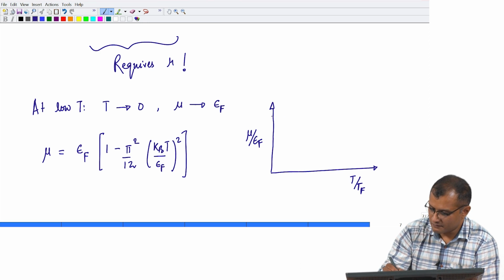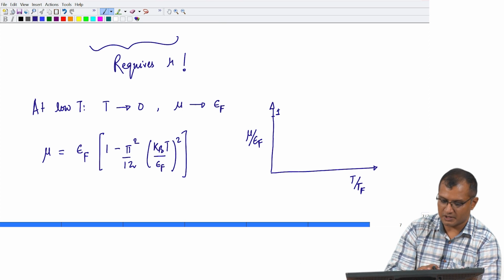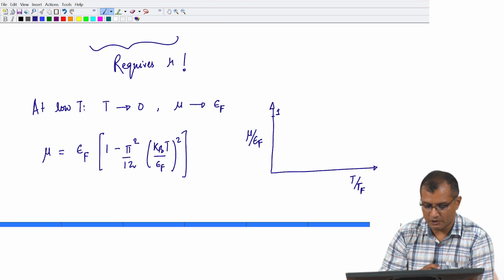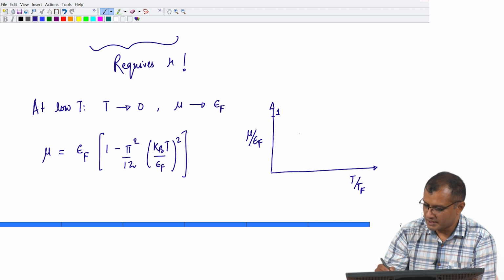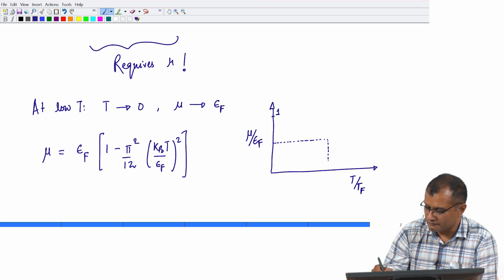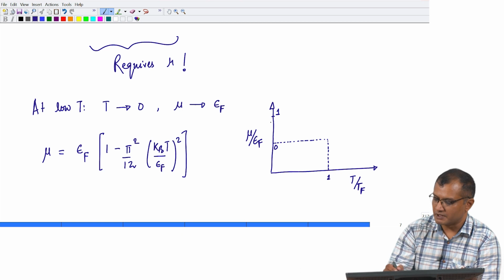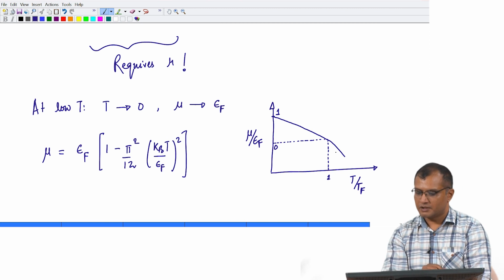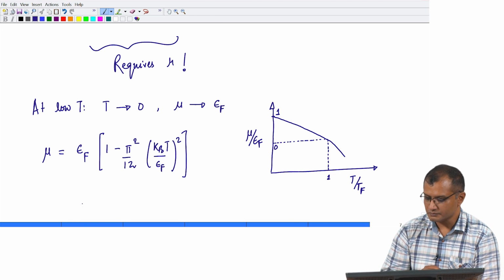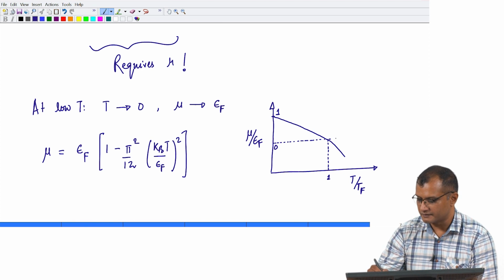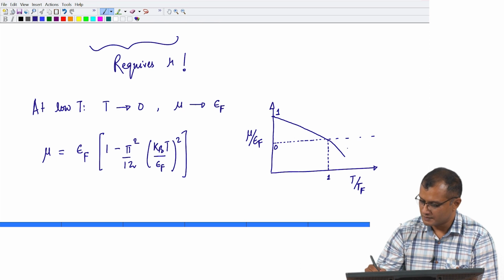Then I can start from 1, because that is what the equation would predict at t equal to 0, okay, and eventually somewhere along the lines where this is of the order of 1, you would be hitting the 0 of the chemical potential, and from that point onwards your chemical potential will turn negative. So, this is the area of negative chemical potential.